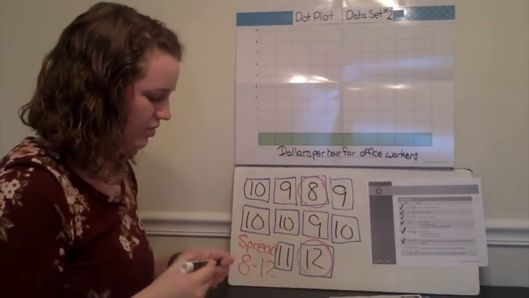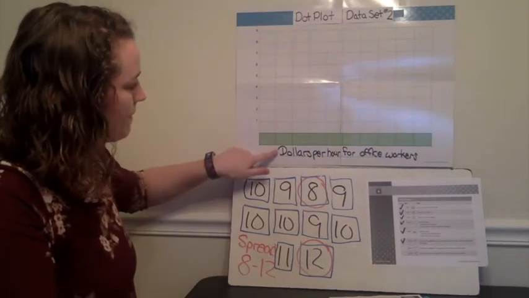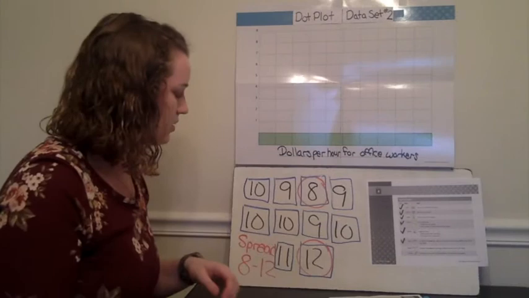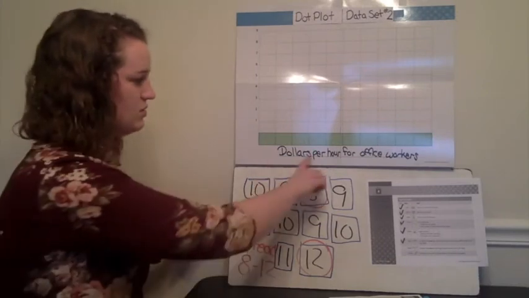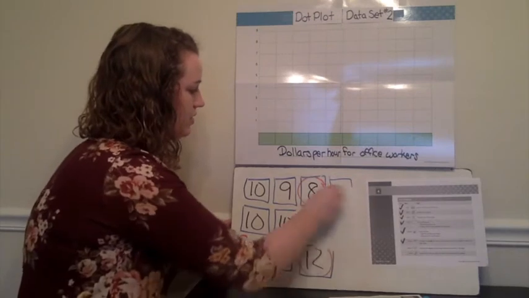Dollars per hour for office workers. So go ahead and write that one down or glue it down. Dollars per hour for office workers. And as you start doing that, I'm going to write down our data set for number 2 on the board.